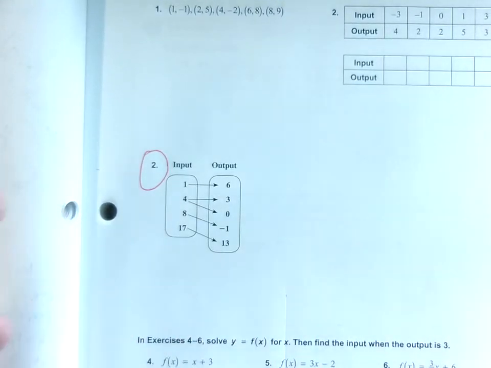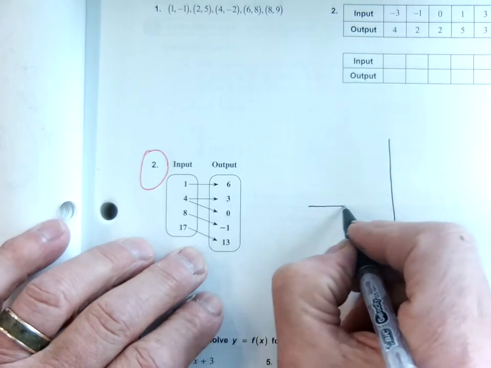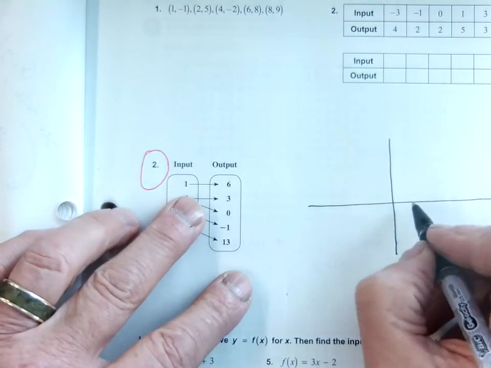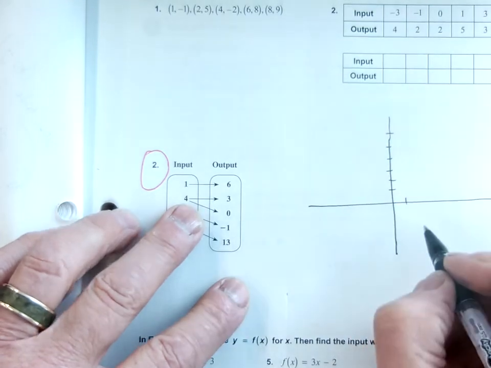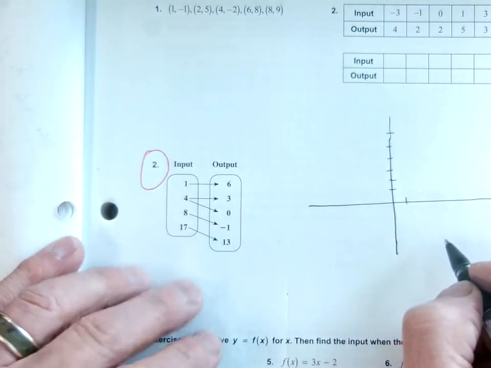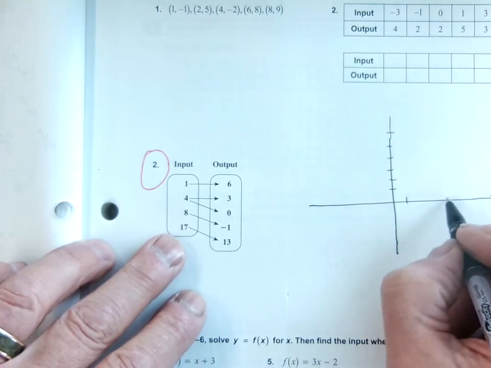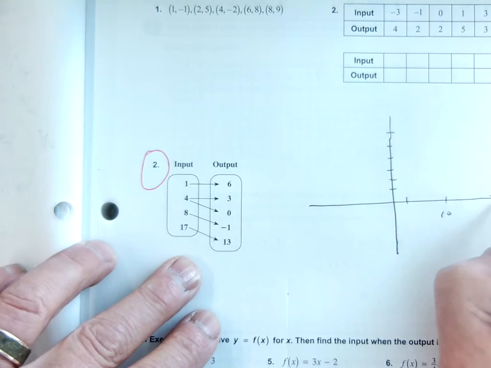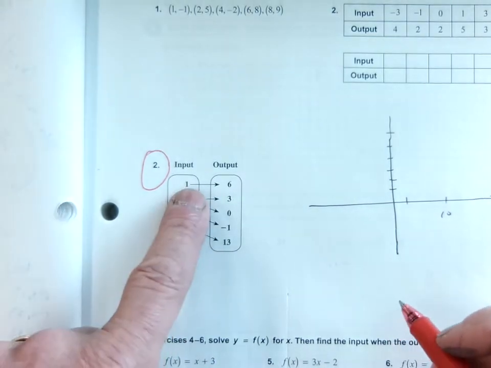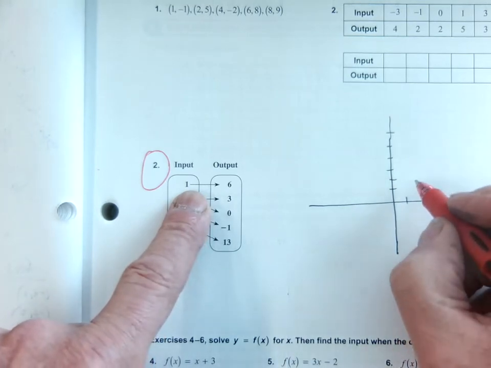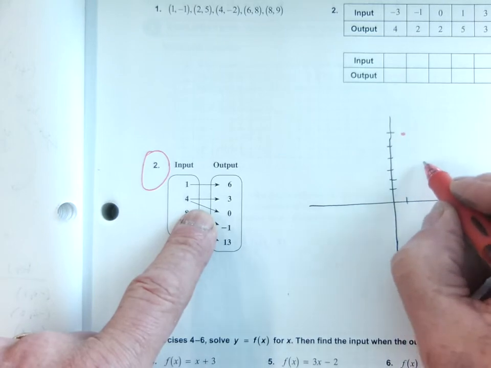And I'm going to just do a really rough graph, just a rough sketch so you can see it, okay? 1 goes to 6, so 6 is about here. 4 goes to 3, maybe is here.